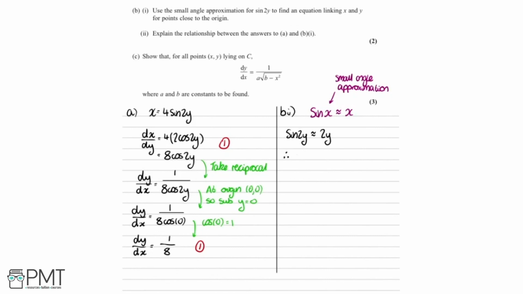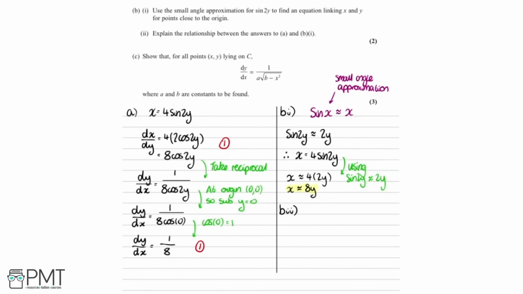So x equals 4 sine 2y, and using sine 2y approximately equal to 2y, we can say that x is approximately equal to 4 multiplied by 2y. So x is approximately equal to 8y. And that's the final equation linking x and y.